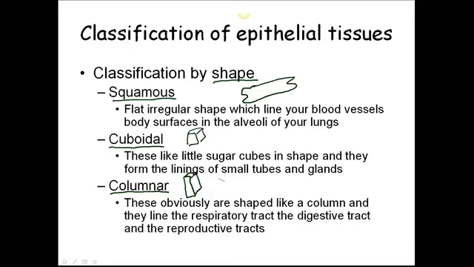These line the respiratory tract and the digestive tract and the reproductive tracts. The cuboidals, they form the linings of small tubules and glands. So just memorize the squamous, cuboidal, and columnar, and then what that shape represents, like flat irregular shape, and it lines blood vessels in the alveoli of your lungs.